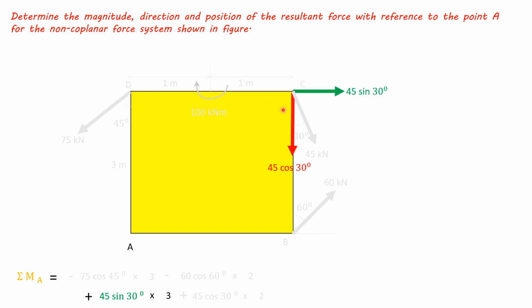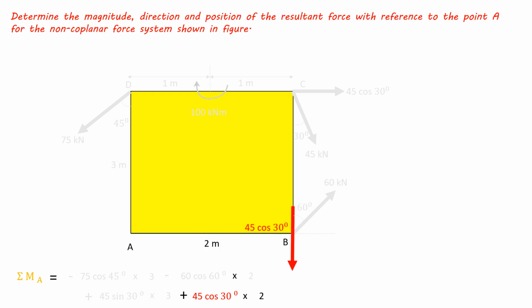Now consider this component. Its line of action passes through point B, with perpendicular distance of 2 meters from point A, rotating clockwise. So its moment about point A is 45 cos 30 into 2, positive.